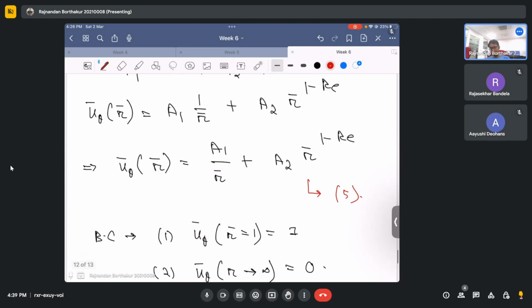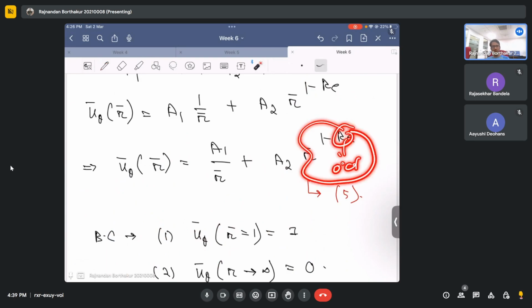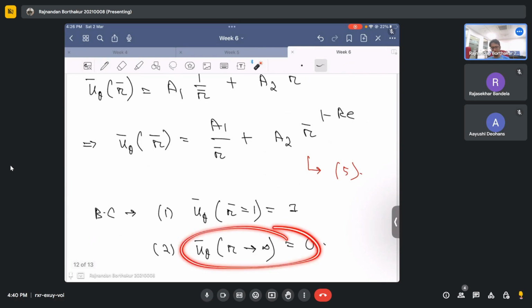Because let's say if my Re is 0.01, then this exponent is basically a quantity which is greater than 1. This means this quantity would monotonically increase when r bar increases, which means the only way I can have a zero velocity at far field is if a2 is equal to 0, or else this boundary condition will not be satisfied.